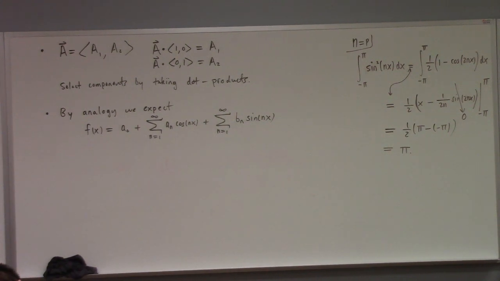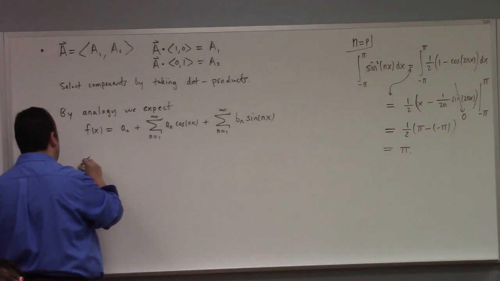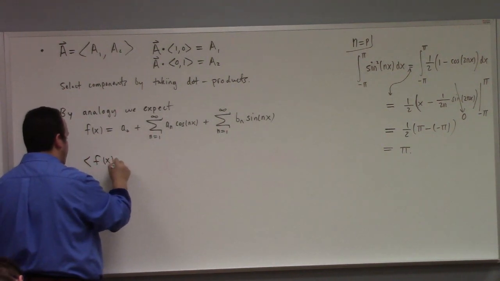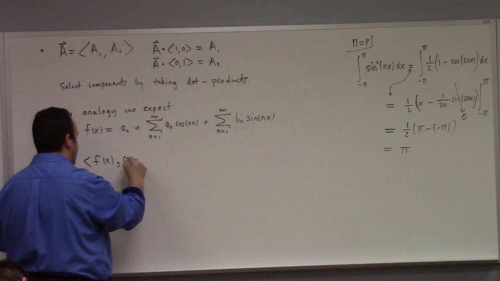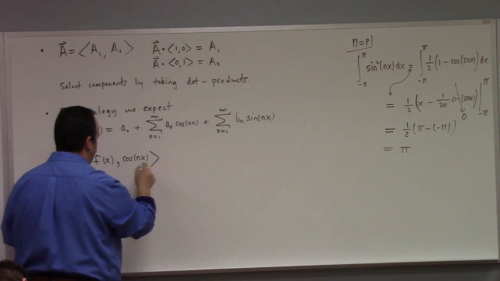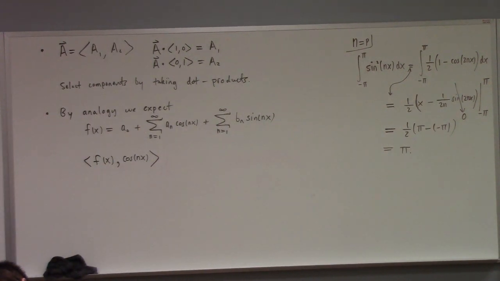So if I want to select the components, I take the inner product of the function with the basis, so to speak. What I'm trying to get at here is if I calculate the inner product of f of x with cosine nx. I guess I should mention, in another notation, this is really just the inner product of cosine nx and cosine px.